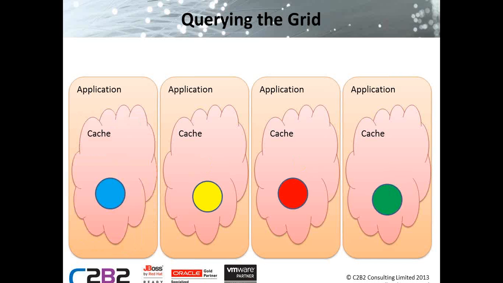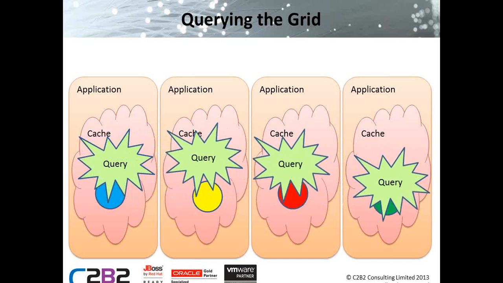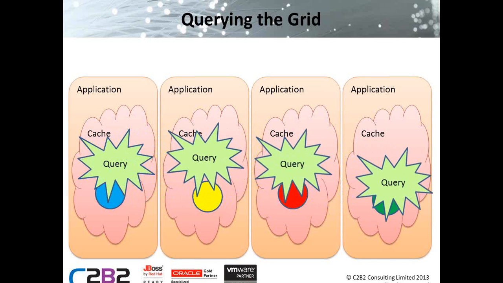So what about querying as well? In Oracle Coherence, there is a query language called CoQL, which is similar to SQL. Well, it's more similar to ObjectQL, like in JPA. But when you execute a query in Oracle Coherence, it actually sends the query across the grid rather than pulling all the data to your query processor and accessing it there, which would be very expensive on the network.